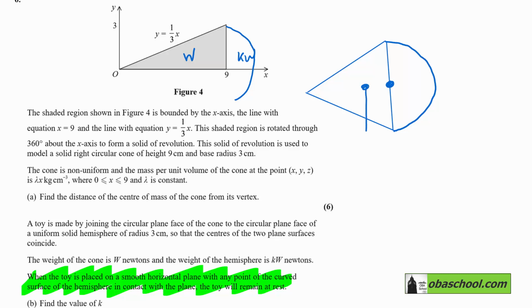Now we've got a W acting this way from the cone and a KW acting this way from the hemisphere. We know the overall distance here is 9 for the cone and 3 for the hemisphere.